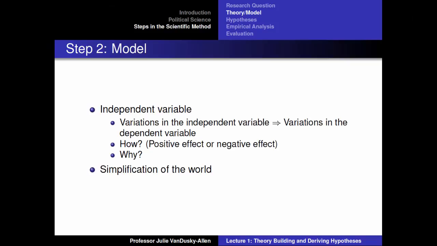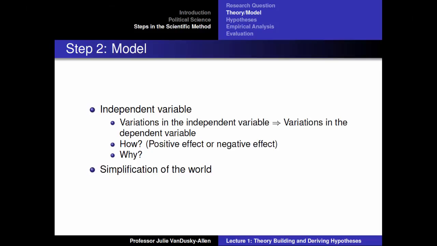We have to be specific about how we think the independent variable influences the dependent variable. We state that the independent variable has a positive effect on the dependent variable or a negative effect on the dependent variable. If we believe the independent variable has a positive effect, we believe as the independent variable increases, then the dependent variable increases as well.